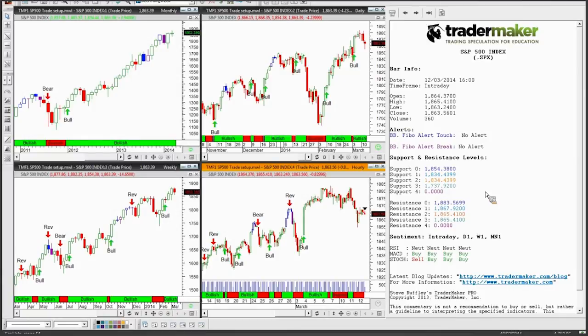You start to think how you traded before, and instead of just putting random lines of support and resistance, drawn freehand, these are mathematically calculated from the different time frames. That's why you will sometimes get them the same. So we've got resistance 0, 1, and 2, and 3 is the same.